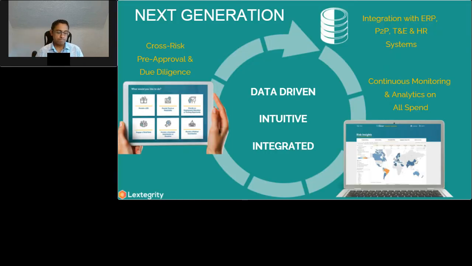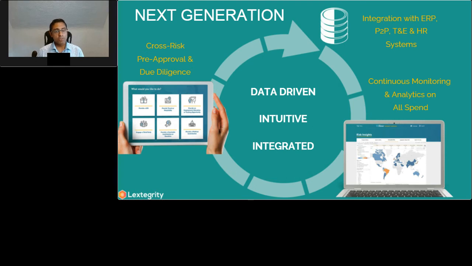So for us, when we think about data analytics, we think about really an end-to-end process, really bringing data across multiple stages of this process, bringing data in at that front end, pre-approval, due diligence process, integrating into those downstream spend systems, HR systems, T&E systems, and then using data analytics to monitor that data continuously, ideally.